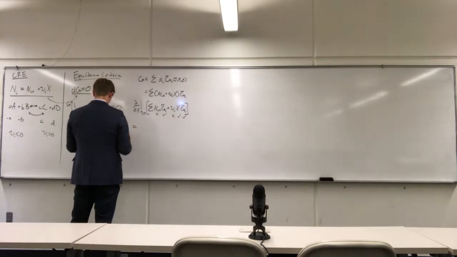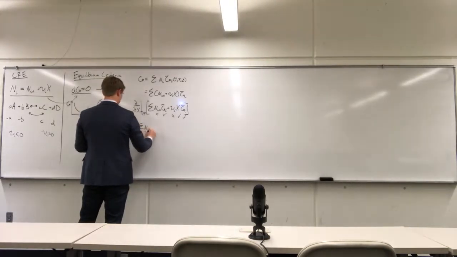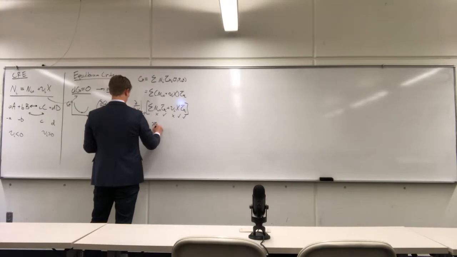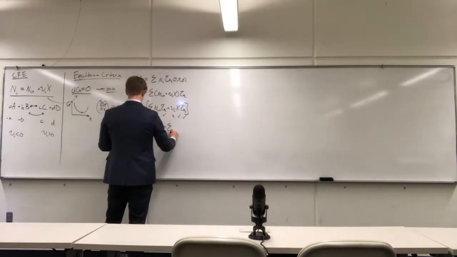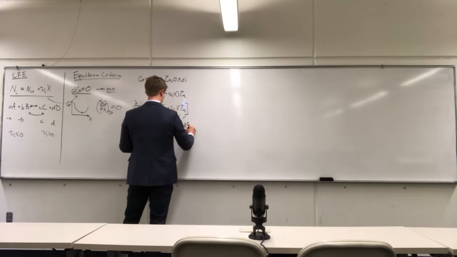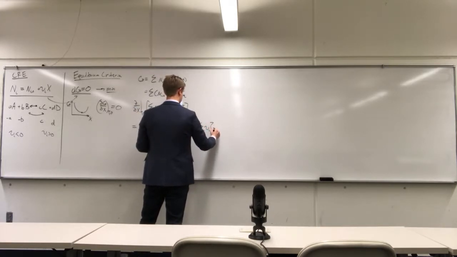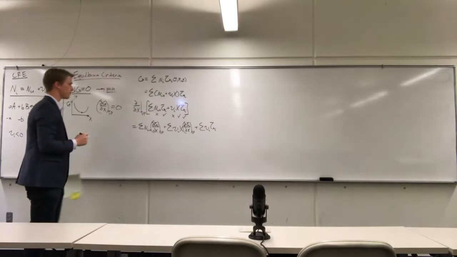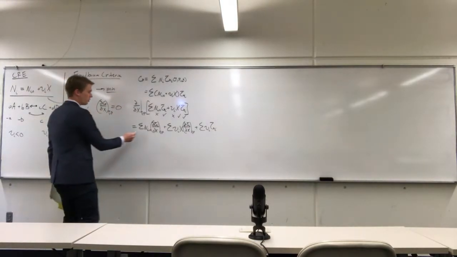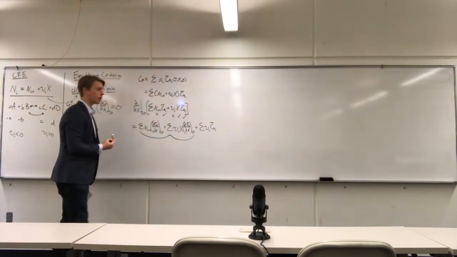I will copy from my notes to make sure that I do not mess this up. Now what I'm going to do is combine these two terms here because they have a shared common variable.